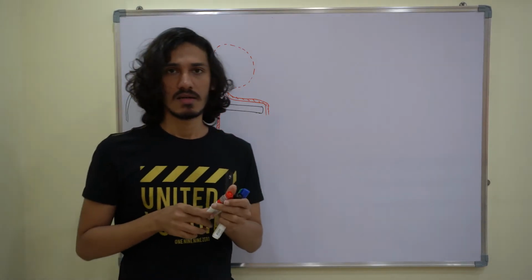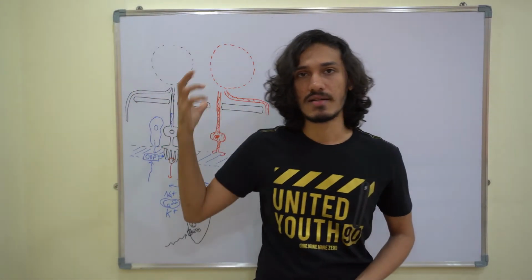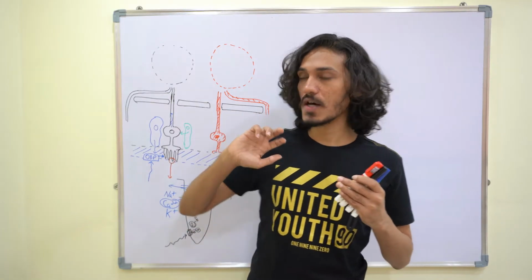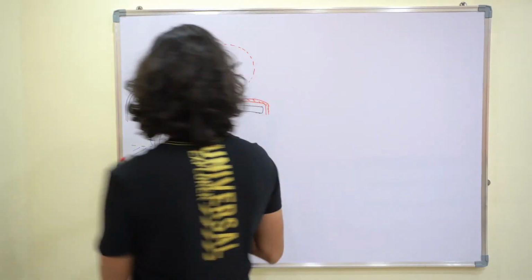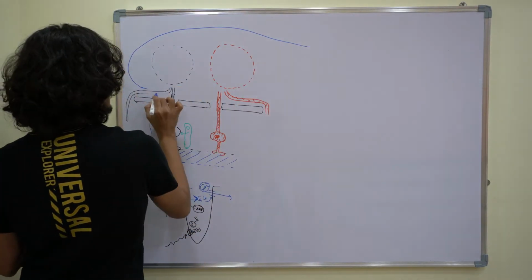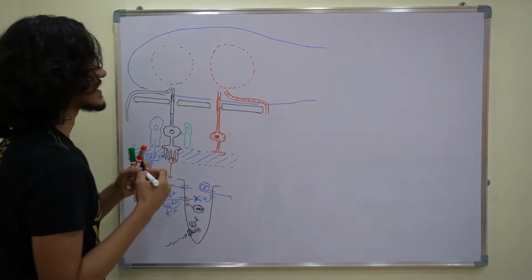For that, just come back to the earlier diagram I showed you of the nasal cavity. If you take a look at the olfactory bulb, you can see that this is one of the most primitive of the cranial nerves. It directly juts out from your brain. It's actually part of your brain which juts out from the forebrain. You see that? That forms the olfactory bulb, which is a direct extension of your brain.